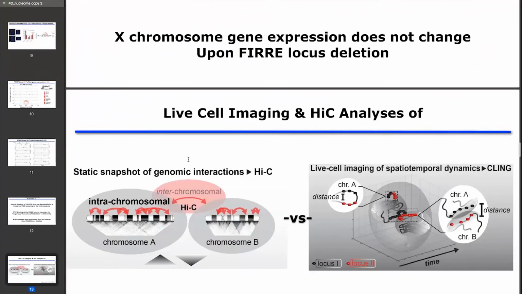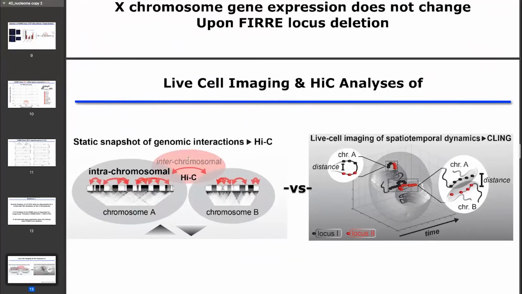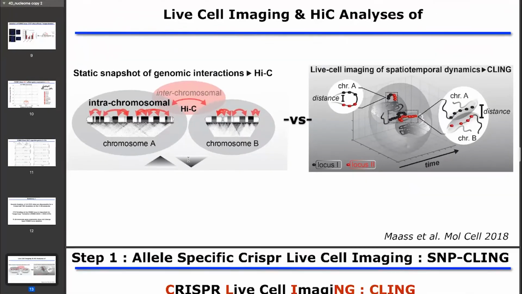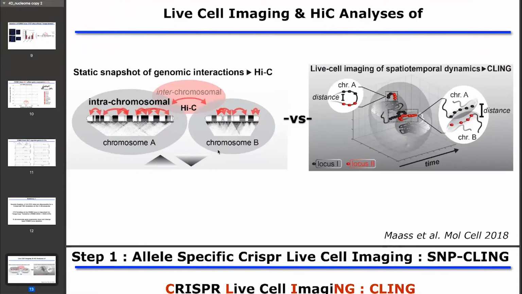So in parallel, switching gears a little bit to the live cell imaging aspect, we've been interested because of our investigations of FIRE and this bizarre observation that FIRE seems to sit next to other chromosomes in the nucleus.